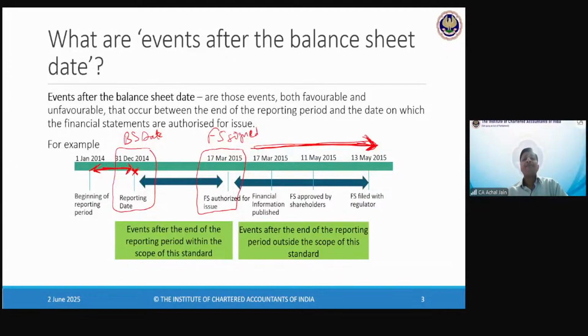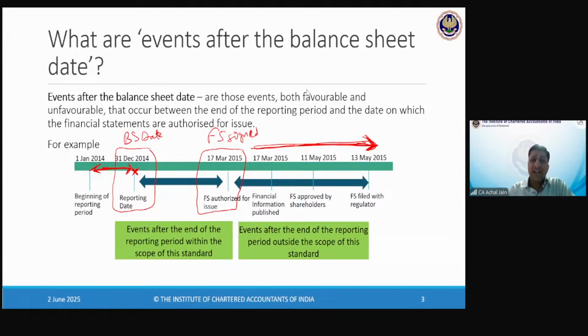Jendra says 1st January 14 to 31st December 14. Very good. Now this part is very, very important because till the time you don't understand our reporting year, you will not be able to understand the remaining accounting requirement. Okay, so everyone clear? Very good.